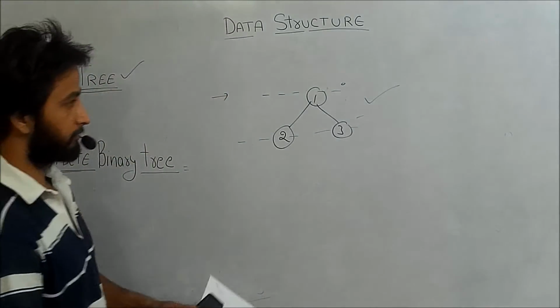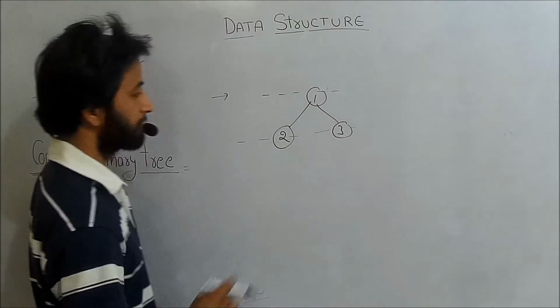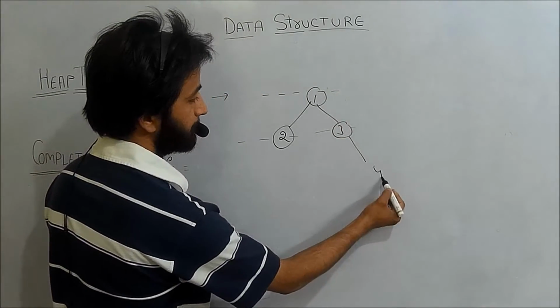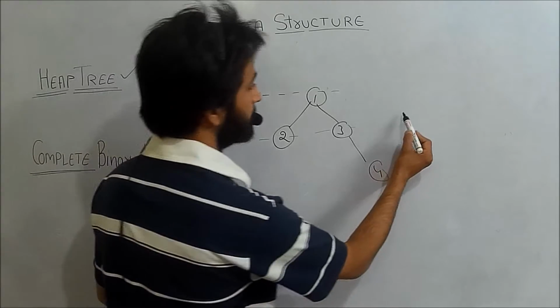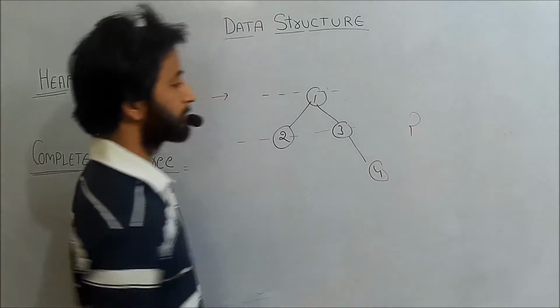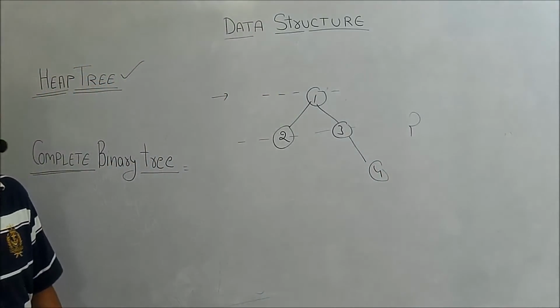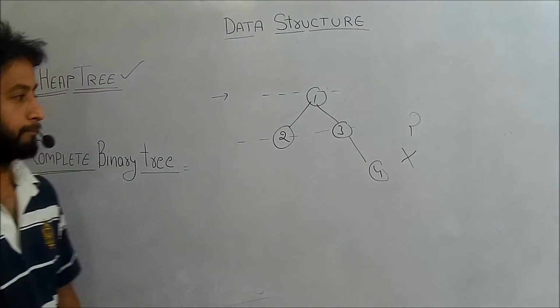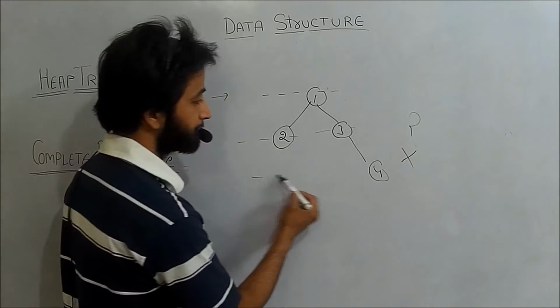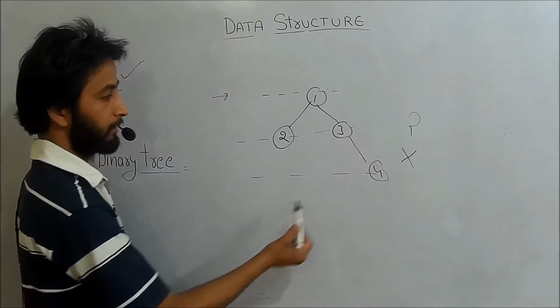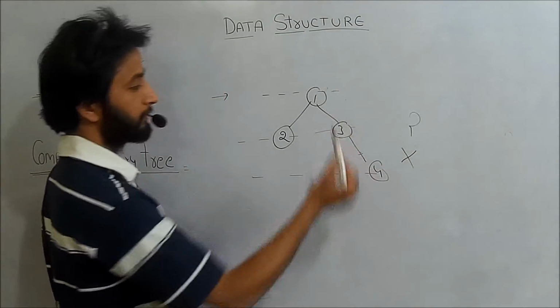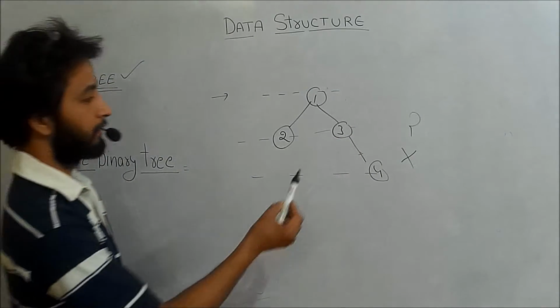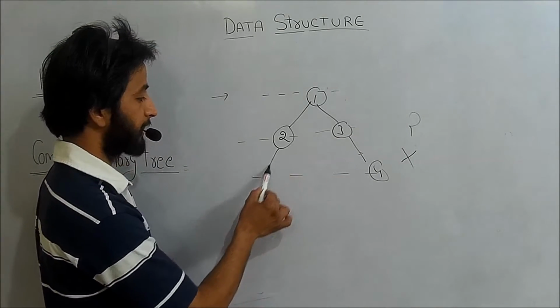If there is a case in which the next element, 4, is added here, is the given tree a complete binary tree or not? We can say that the tree is not a complete binary tree, because the element 4 should not be there, as I have to complete this side first.